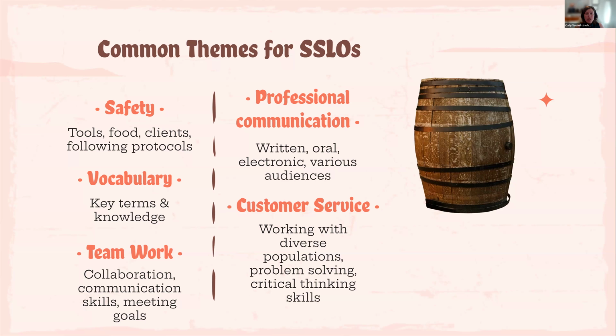But it could also mean food safety, or if you are working with children, with elderly clients, adults with disabilities, youth with disabilities, there might be some safety regulations and protocol that you have to follow to be successful in the job. So safety is one of those themes that across many different types of career pathways, oftentimes there can be an SSLO focused on safety.